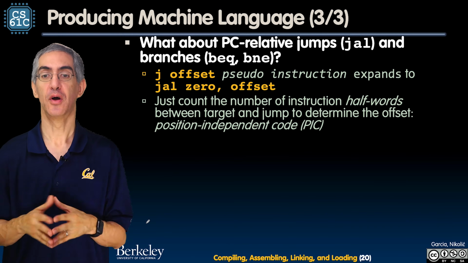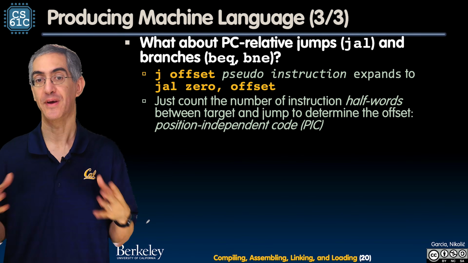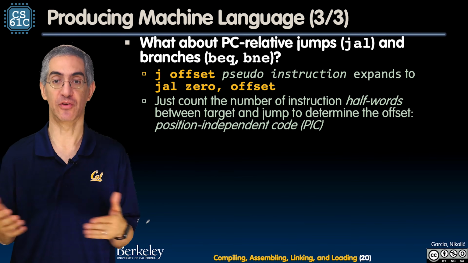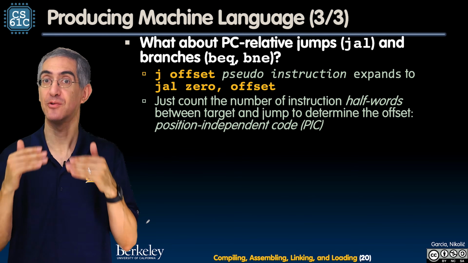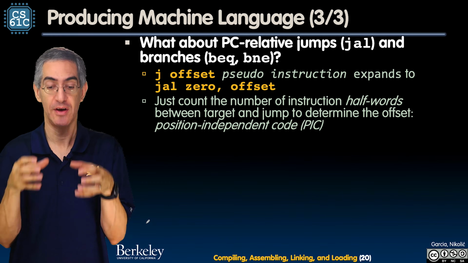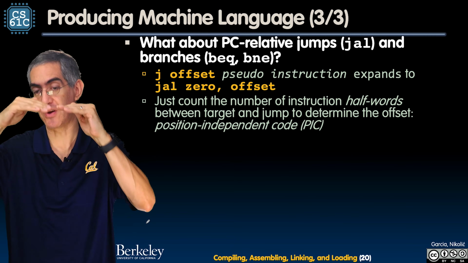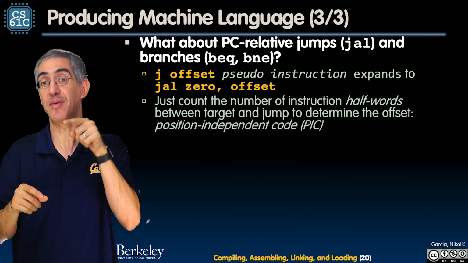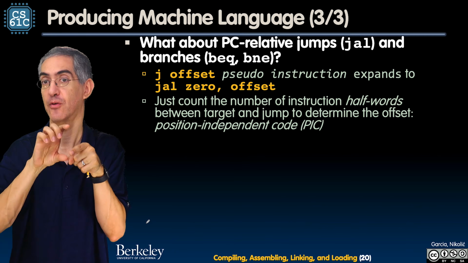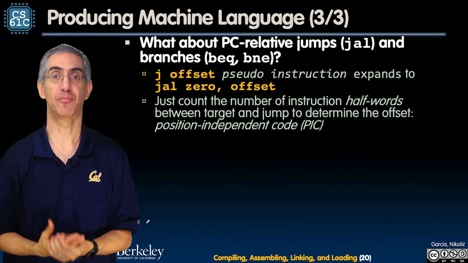This is also position independent code, PIC. I just count the number of half words between the target and the jump, and I'm ready to go. So this is a PC relative jump. Anything that's PC relative, when you hear the word PC relative, that means position independent code. Because my PC is something that works with me. I'm here, I'm here, I'm here. Program counter tells me where I am. PC relative says relative to where I am. It's not absolute, it's relative. And so those relative things are great. That produces position independent code.